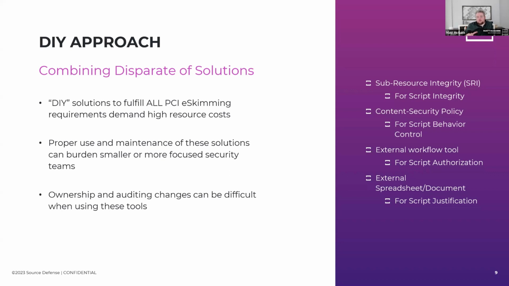There are basically two different things that are described in the DSS: content security policy and sub-resource integrity, CSP and SRI. They are usually implemented together. Content security policy is, to be reductive about it, a whitelisting approach, meaning that one would inventory all of the scripts on their site, write up a list of those, and put them on the web server.